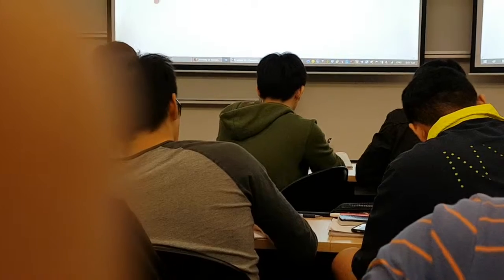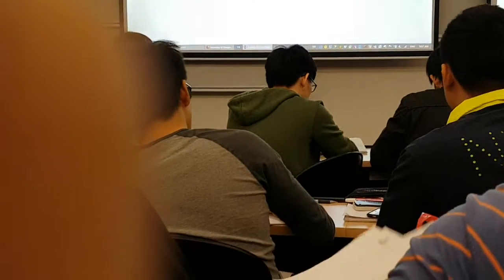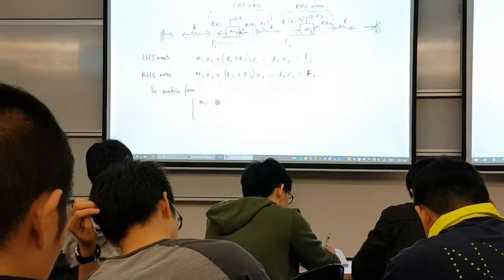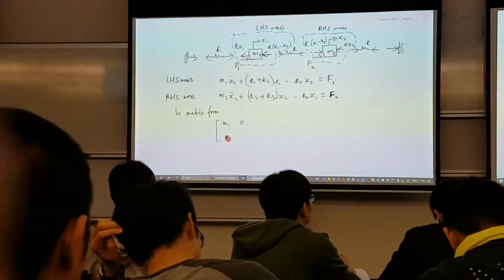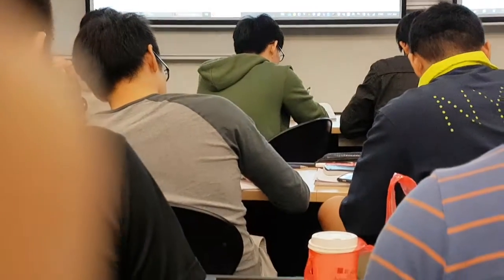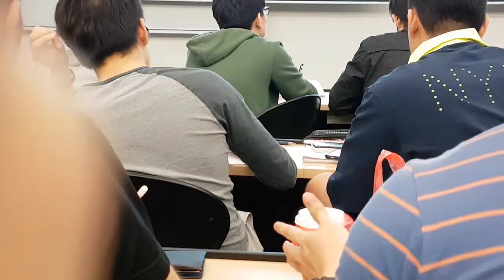Once we have that in matrix form, we can formulate it. So you have this M1 and M2: M1 here, 0, 0 here, M2, multiplied by x double dot 1, x double dot 2.